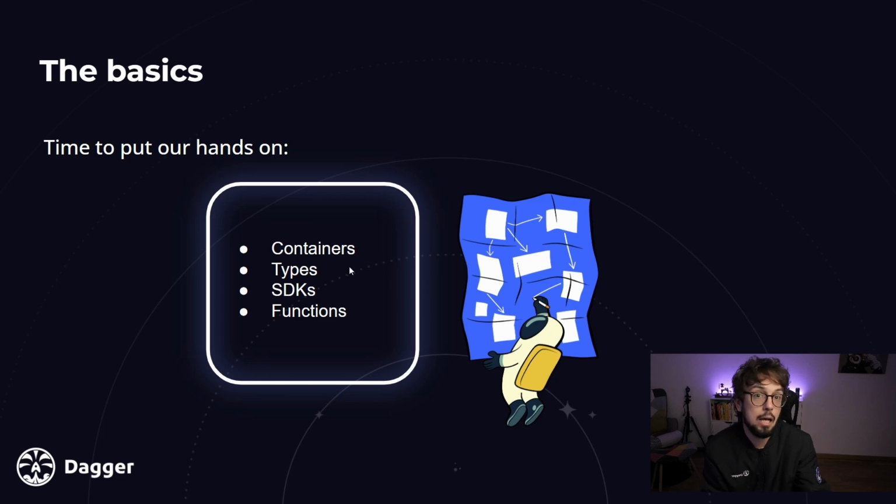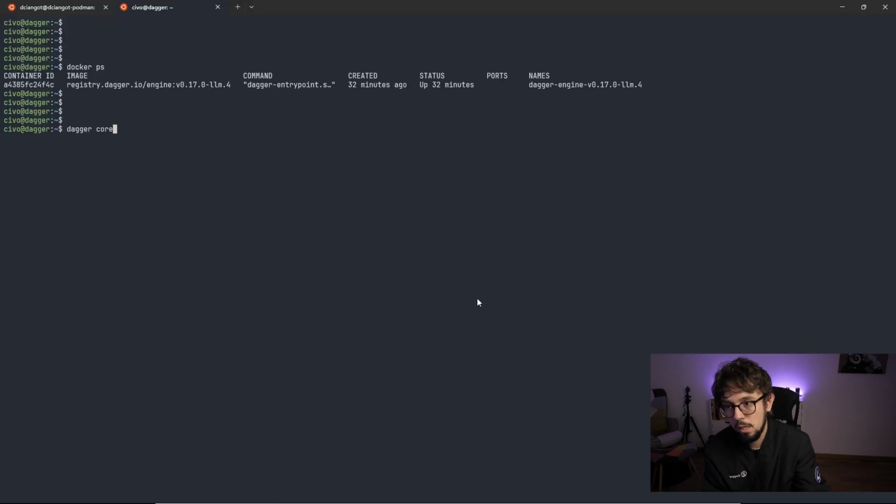And the first primitive I told you was containers, right? So we need to access a core API that is called container. And how you can define a container, right? Usually we are used to using FROM as the first line of your Dockerfile. And this entity, well, be careful, we are building a container type, right?